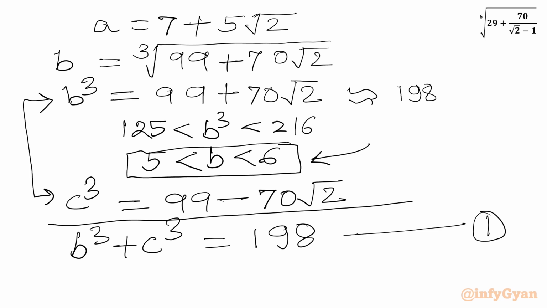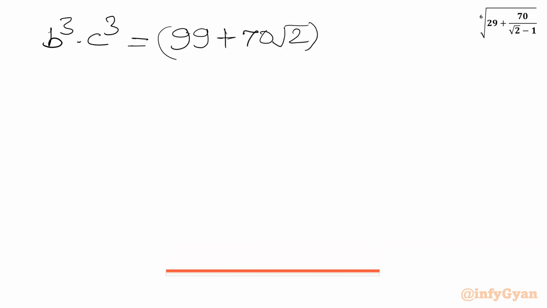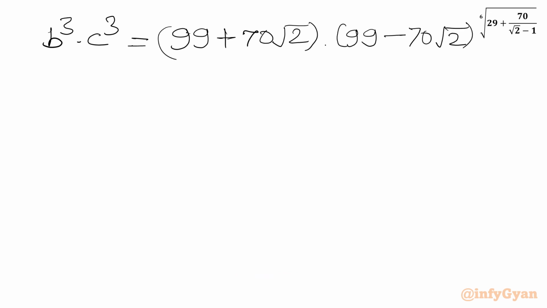Now I will consider the product of both. So B cube times C cube equal to 99 plus 70 root 2 times 99 minus 70 root 2. So here I can write a plus b times a minus b, the difference of two squares.